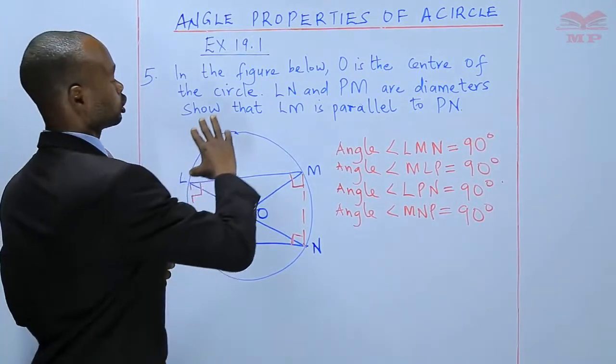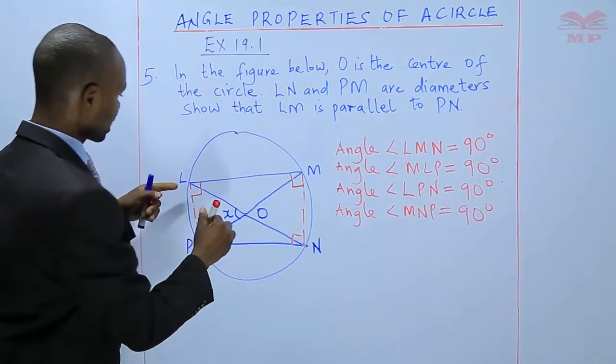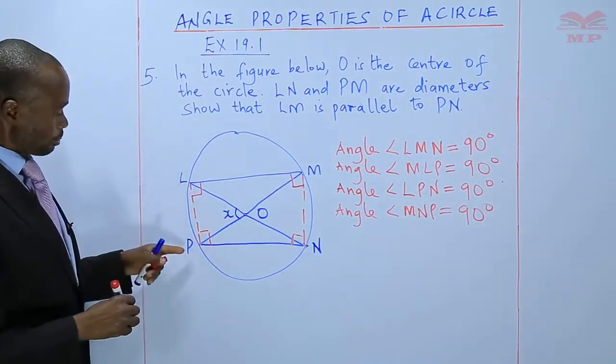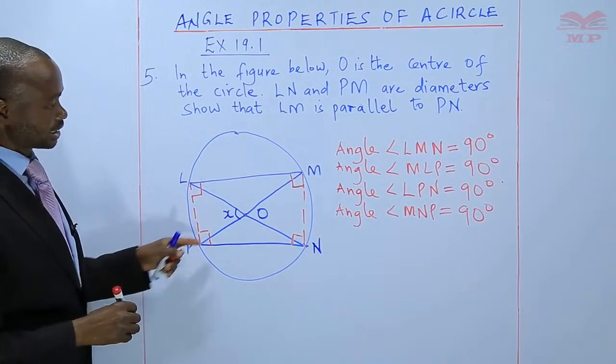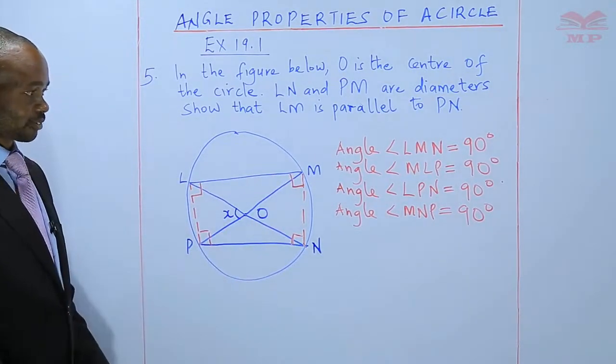So to get to the proof, we say we now have LP and MN acting as perpendiculars.